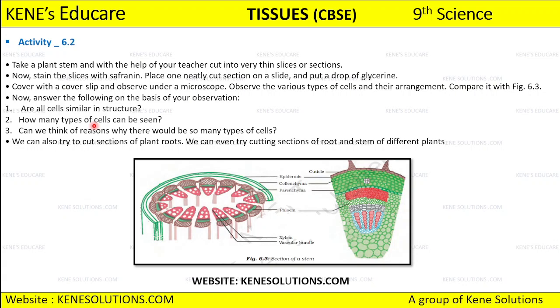Now when we observe the plant stem slide that we have made, we are going to see different types of cells present in the cross section. Remember this thing, that a plant consists of different types of tissue.